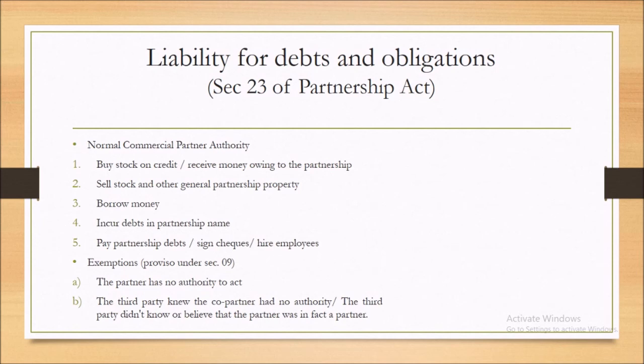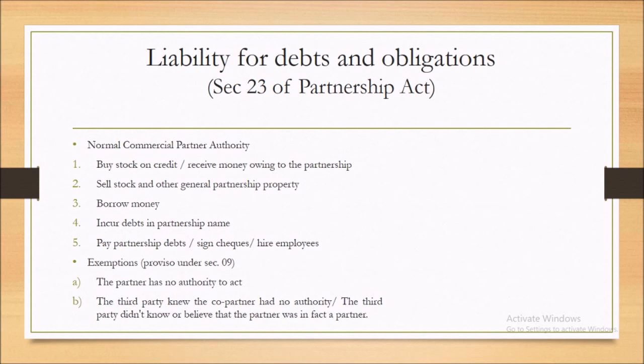So the partner has no authority to act, or the partner has acted under ostensible authority, but the other partner has not ratified it.